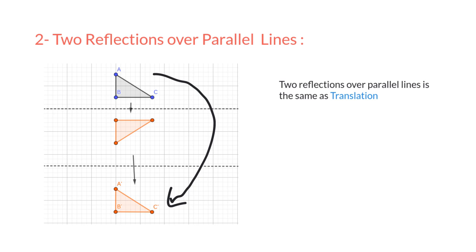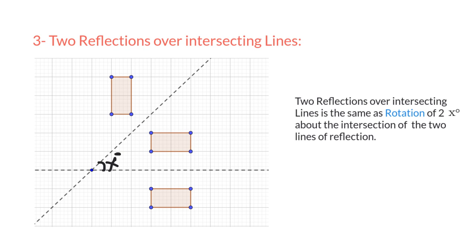And now the last thing that we are going to think about is, what if we did two reflections like this, but they were over intersecting lines. So this is the case of two reflections over intersecting lines, as opposed to parallel lines. Here we're starting out with a triangle, and we are going to reflect it across two lines in order.